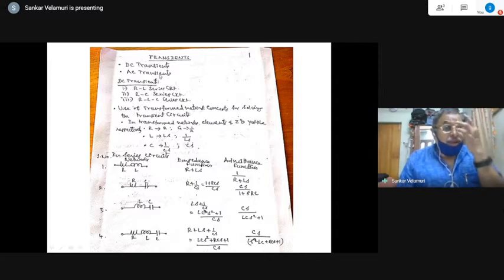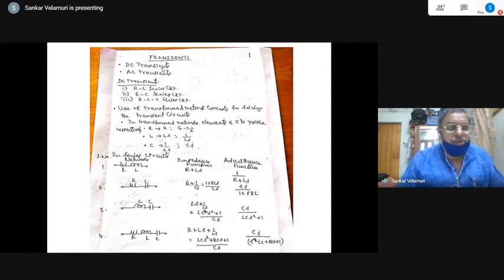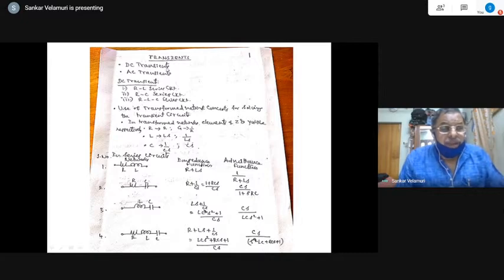But it has got applications because DC offset currents will be there. Briefly I will mention those things in AC transients. I would like to discuss DC transients elaborately, to the extent possible, because a lot of problems are there, highly involved problems, and very tricky issues that are not easy to understand. It takes a lot of time to study until you confirm that you are thorough with that.